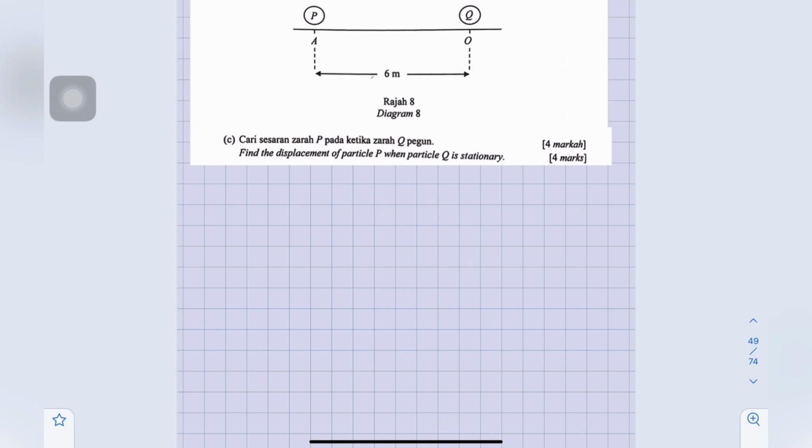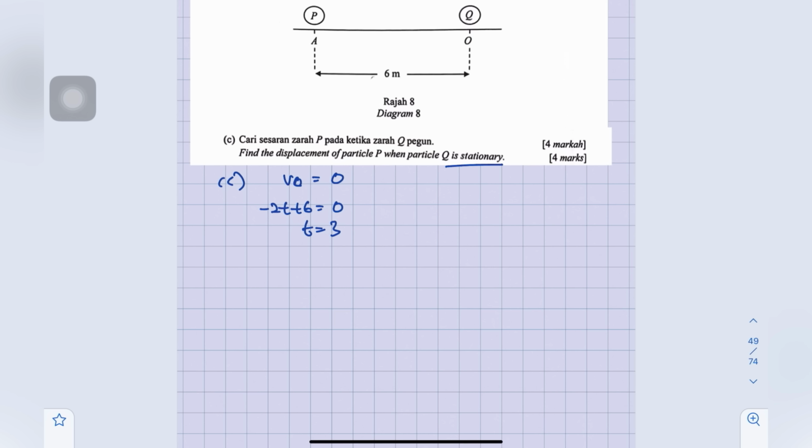C, find the displacement of particle P when particle Q is stationary. Okay, so stationary meaning at rest. So Vq equals to 0. Vq is negative 2t plus 6 equals to 0, then t equals to 3.